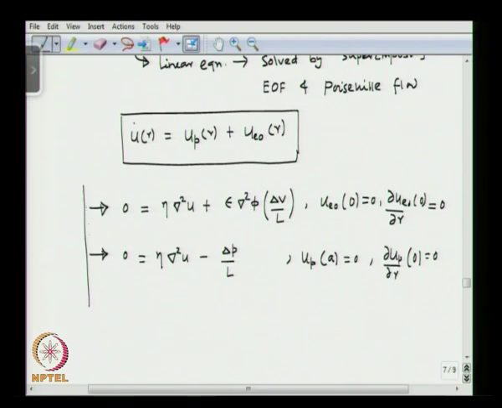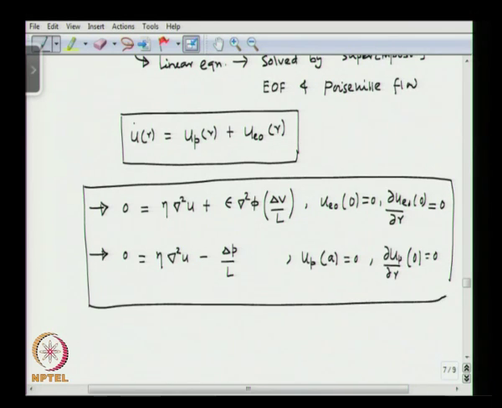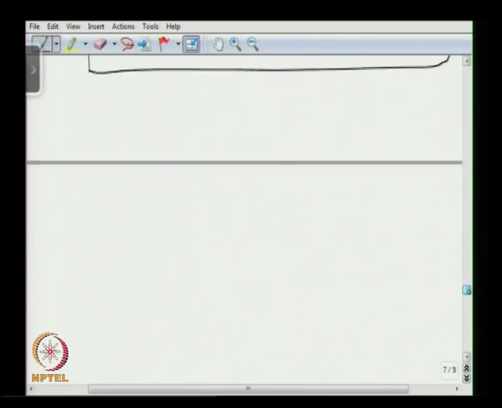Okay. So, we have to solve these two equations to get a solution. Now, we know the solutions for these independently. So, we can superimpose and write the expression for the velocity profile.